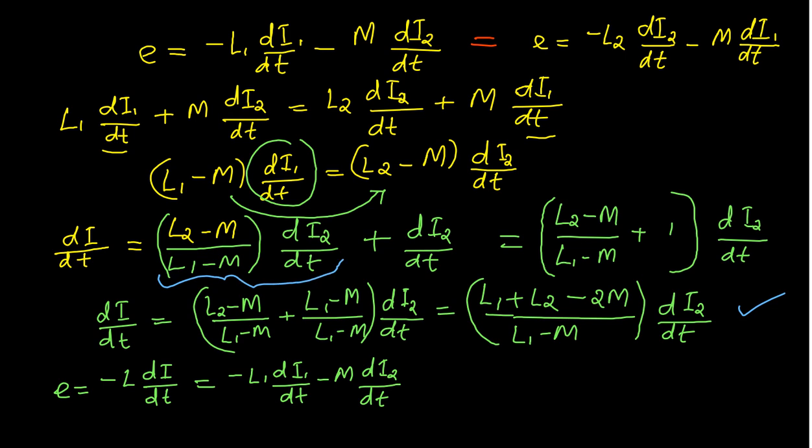Now we substitute di by dt and di1 by dt. I am rewriting the same equation once more. We reached this equation: L into di by dt equal to minus L1 di1 by dt minus m di2 by dt.